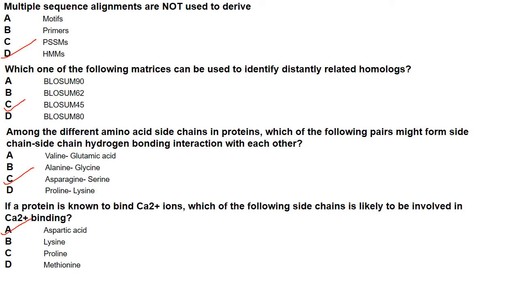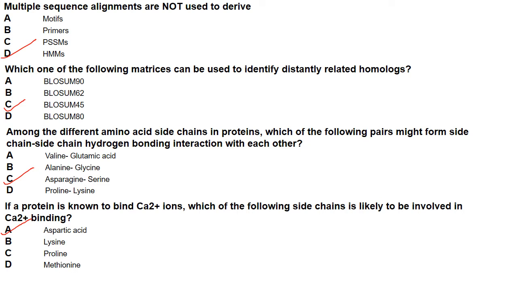Which of the following matrices have been used to identify distantly related homologues? So they have asked for distantly related homologues. For closely related sequences, you have to choose high value Blosum matrices. For distantly related sequences, select low value Blosum matrices, that is Blosum 45, or high value PAM matrices, that is PAM 250.